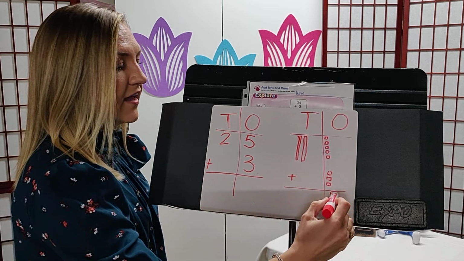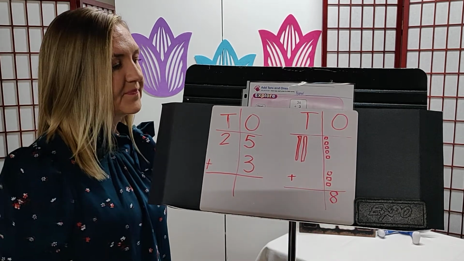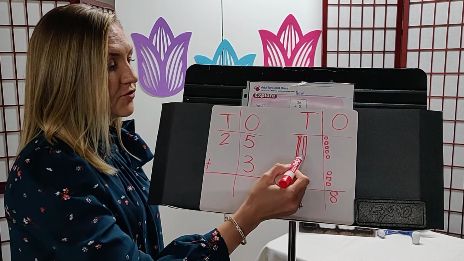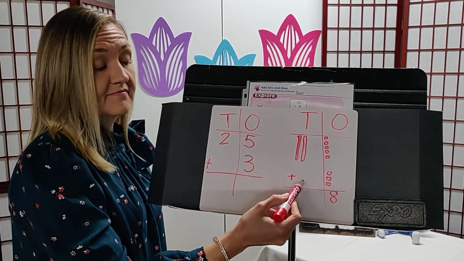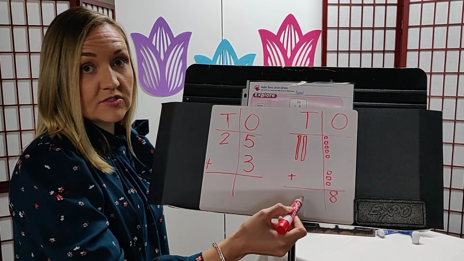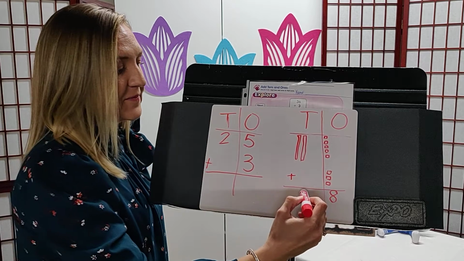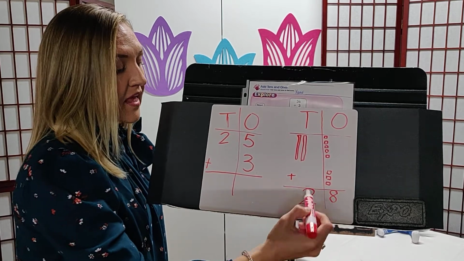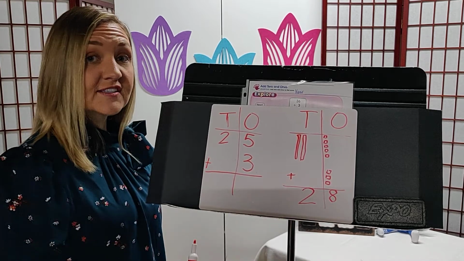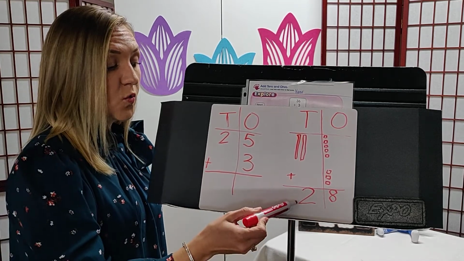Altogether, there are 8 ones. And how many tens? Well, I have 2 groups of 10 here plus nothing, 0. So 2 plus 0 is equal to 2. So altogether, I say that number as 28.